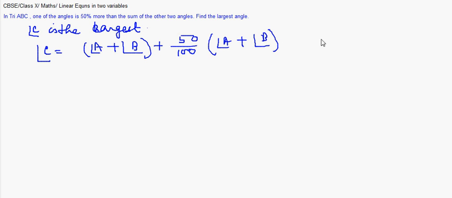We also know in an angle sum property, angle A plus angle B plus angle C should give us 180 degrees. Now this will give me 1/2. So angle C, better I continue writing with C and later on add that angle to it.